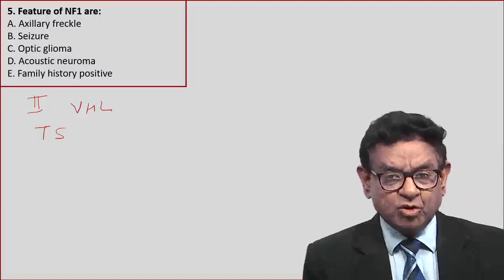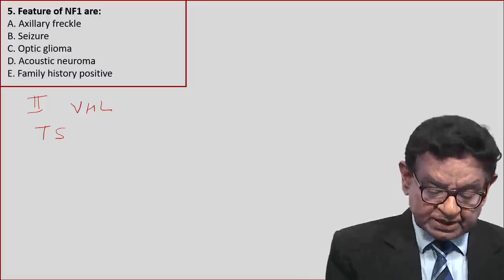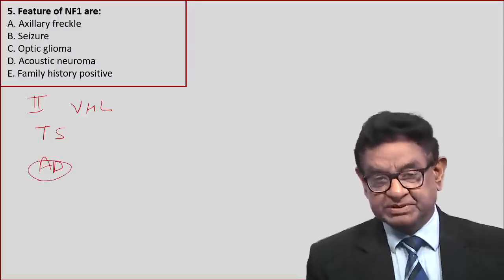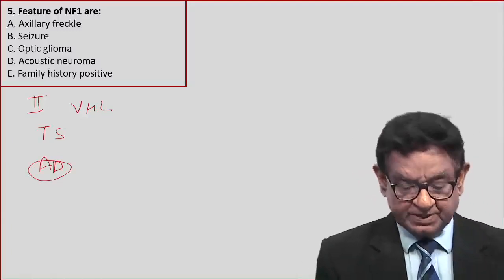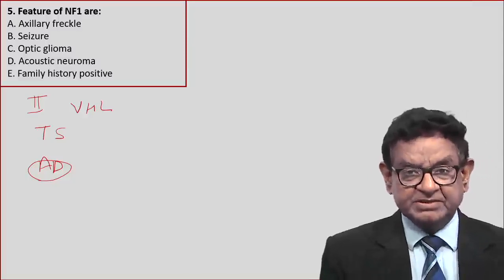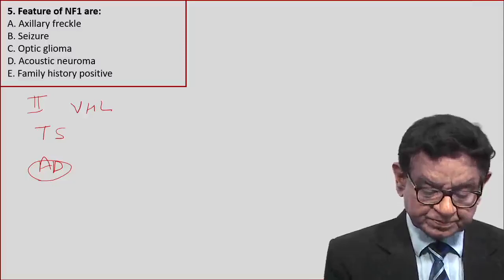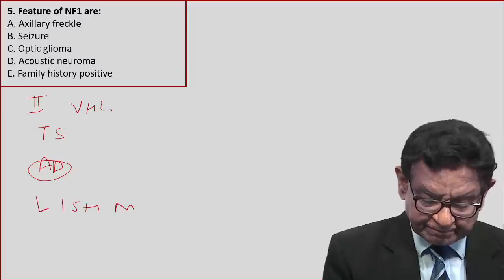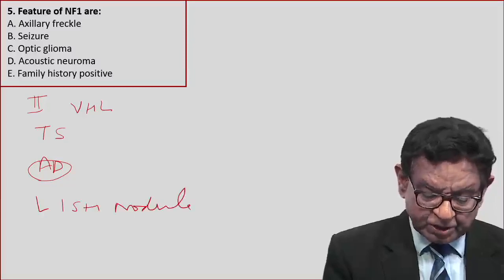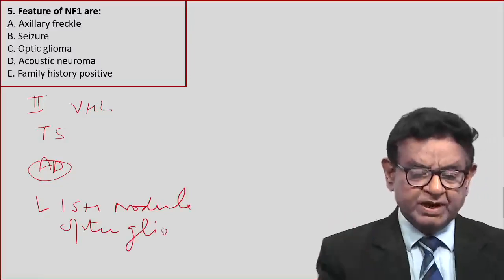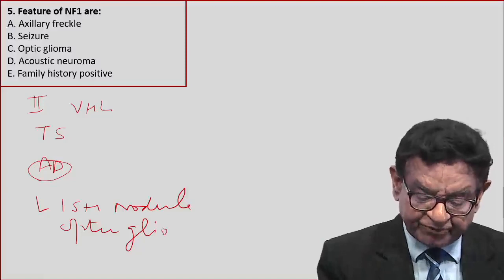And what is common in all these? All these are autosomal dominant, so definitely a positive family history will be there. Now NF1: classically there is axillary freckling, Lisch nodules, optic glioma, but the most frequently asked question is the cafe-au-lait spot.